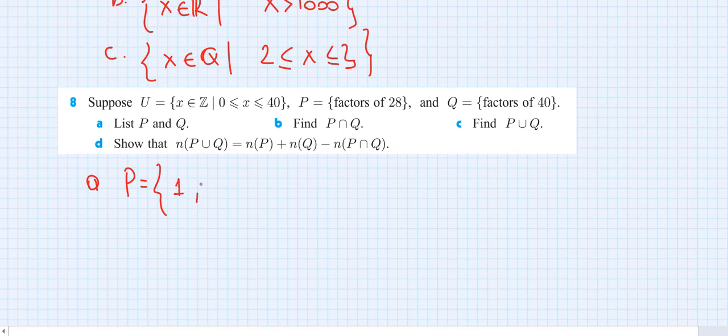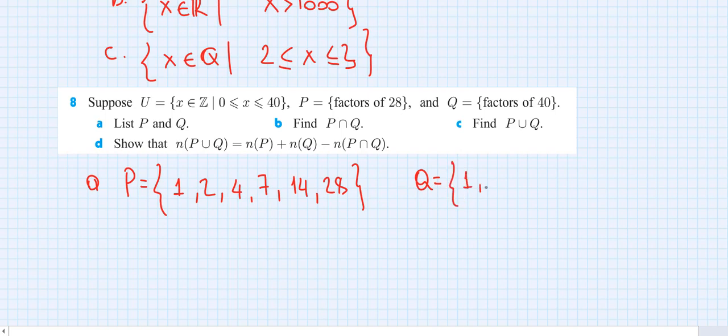Starting with 1, 2, you have to go with the numbers which divide 28 without a remainder. 4, then 7, then 14, and 28 itself.